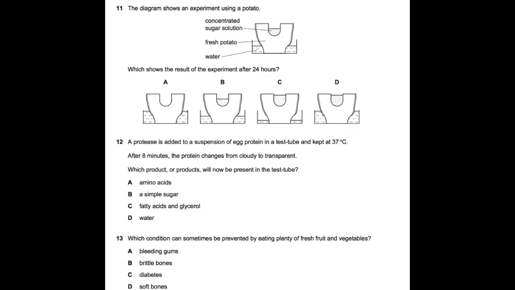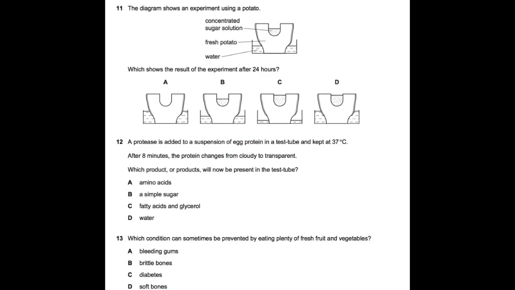Now that we're done with question 11, let's go to question 12. A protease is added to a suspension of egg protein in a test tube and kept at 37 Celsius. After 8 minutes, the protein changes from cloudy to transparent. Which product or products will now be present in the test tube?